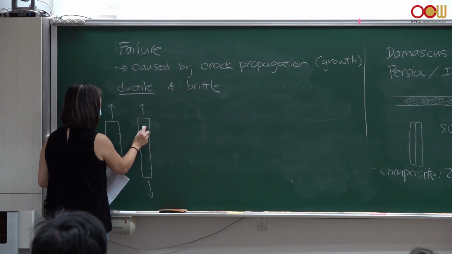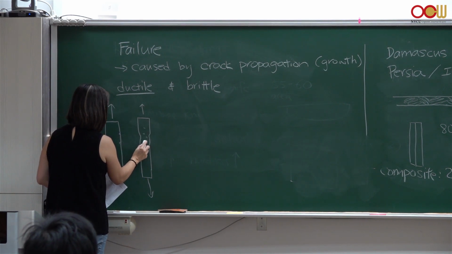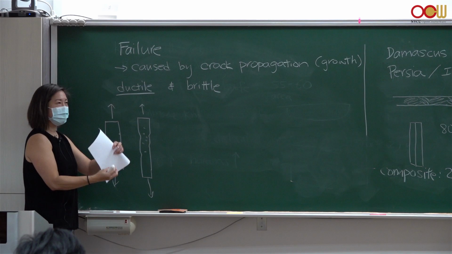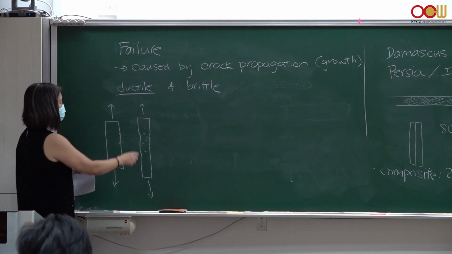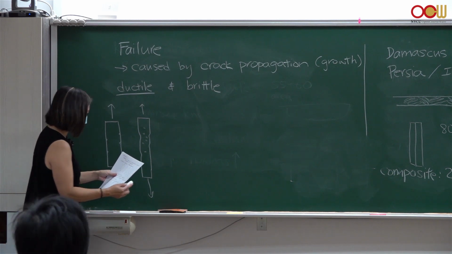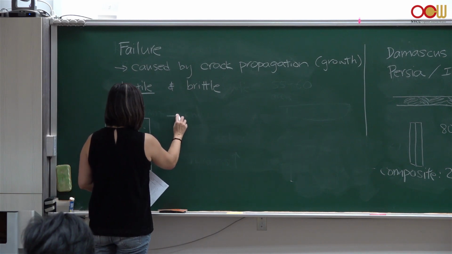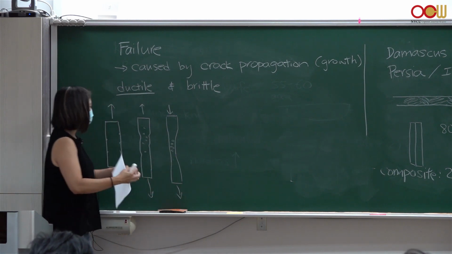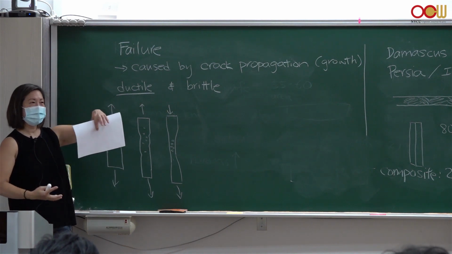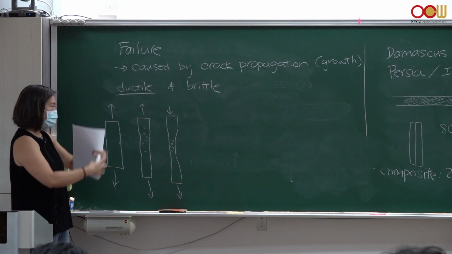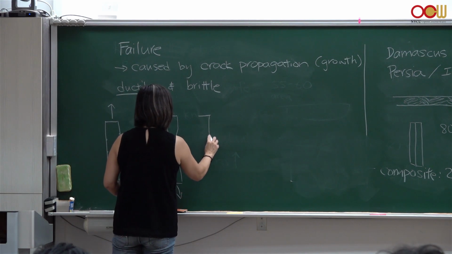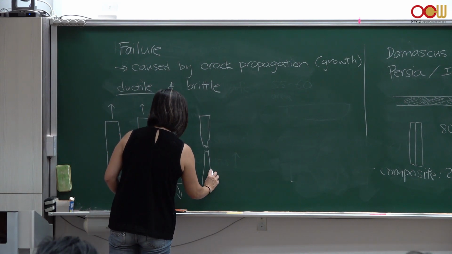And within the material, you're going to get little voids, or little cracks, holes that happen because you're deforming the material. And then eventually those holes will grow because you're continuing to deform. Those holes will grow, the material gets thinner from the cracks along the edge, and then eventually it will break in this kind of pattern.